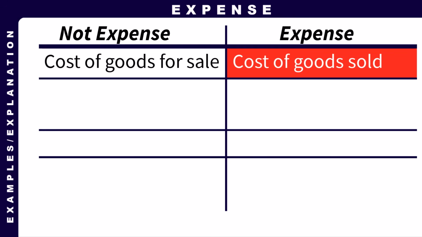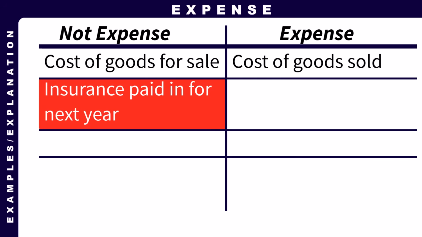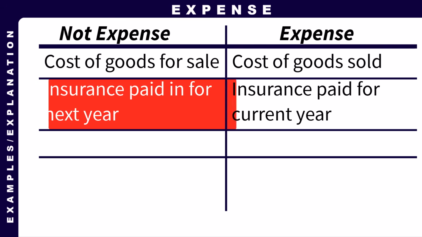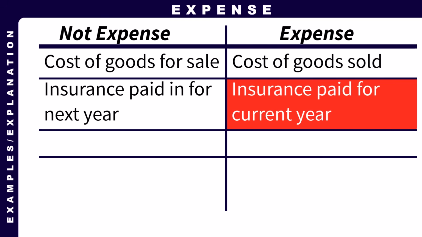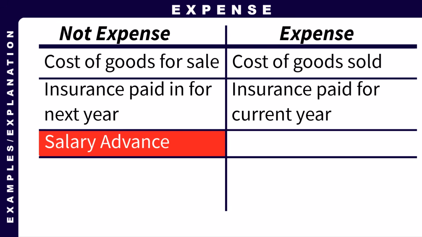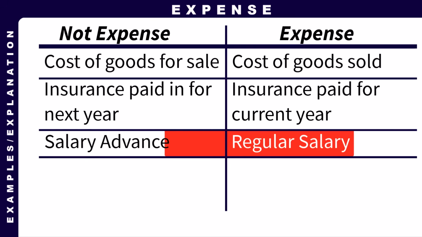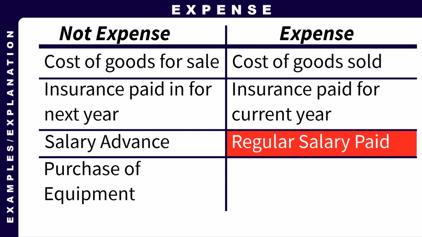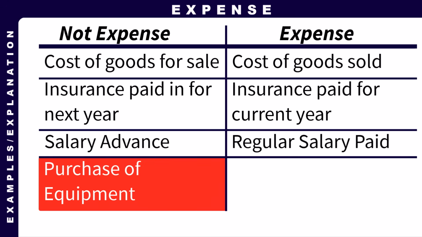Other examples are insurance premium paid for next year, not an expense for the same reason, whereas insurance premium paid for this year, whatever the current year is, is recorded as expense. Similarly, salary paid in advance for future periods is not a salary expense yet, but salary paid for the current pay period is expense.